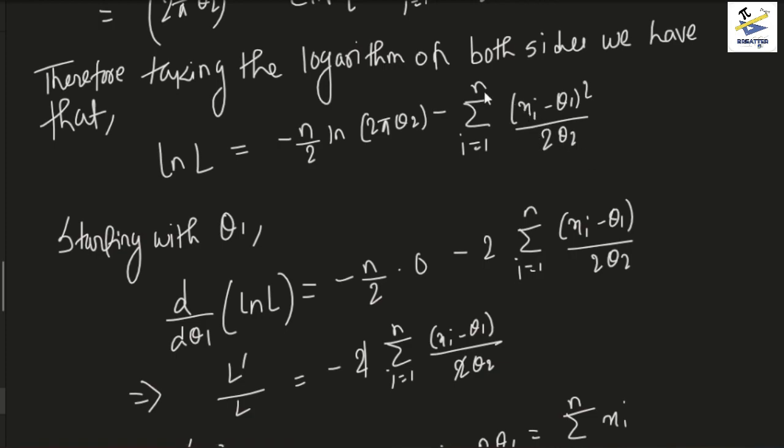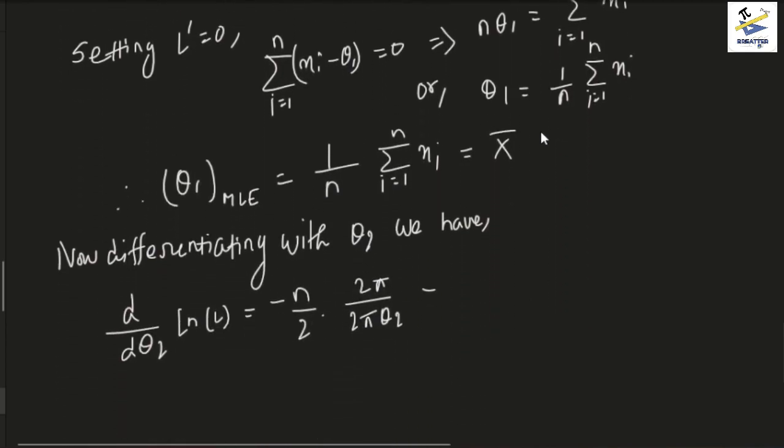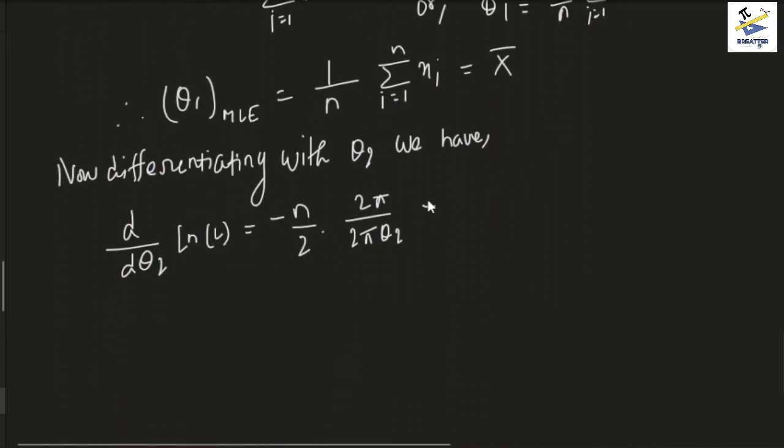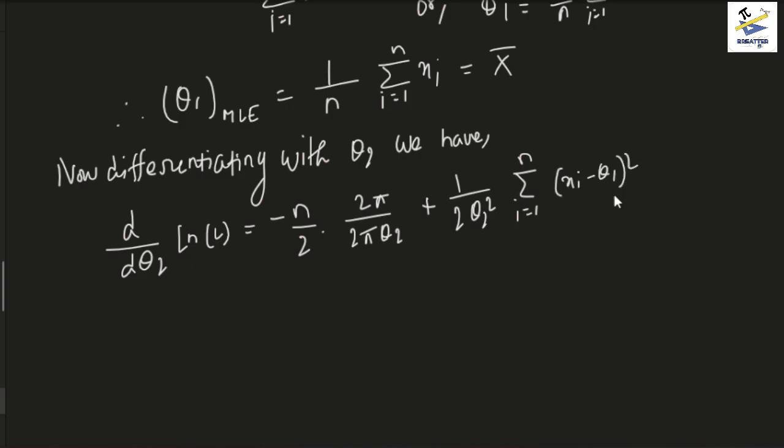This is theta 2 to the power minus 1, and when differentiated this will become 1 by theta 2 squared. So this would be plus 1 by 2 theta 2 squared times the sum from i equals 1 to n of xi minus theta 1 whole squared, because this term acts as a constant, right?